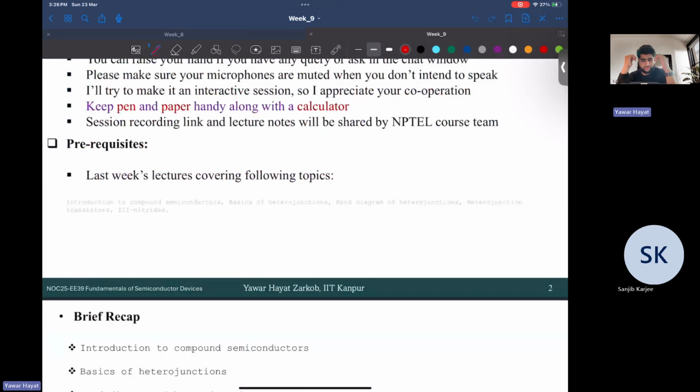So in last week, we covered the following topics, right? These topics were covered by the instructor. You were introduced to compound semiconductors, basics of heterojunctions were discussed briefly. The band diagram of heterojunctions was also discussed, and you also read about heterojunction transistors and three nitrides.